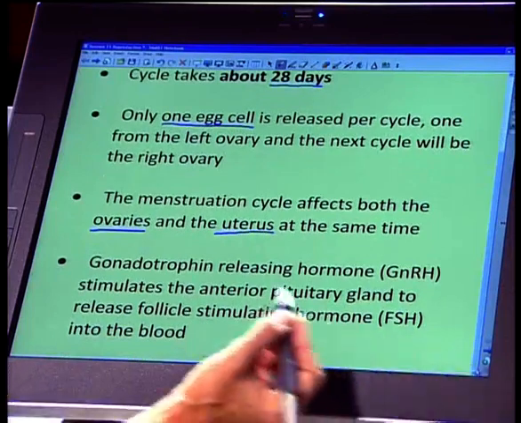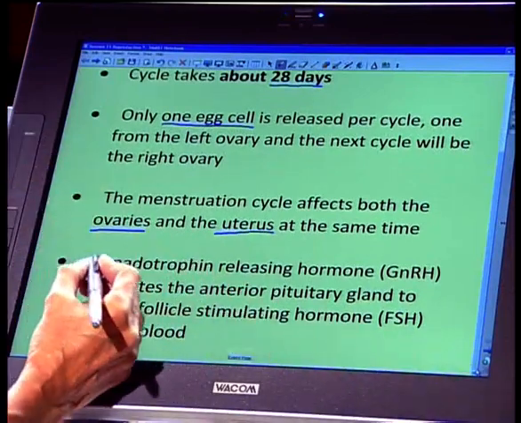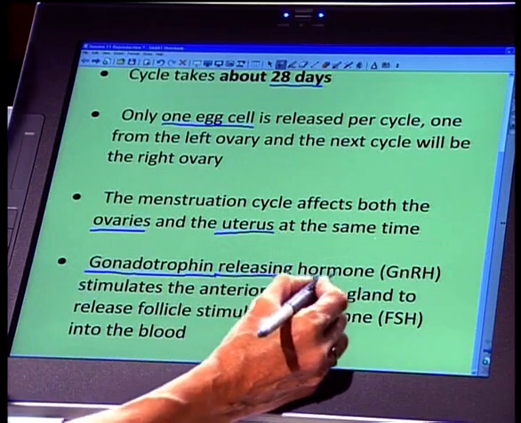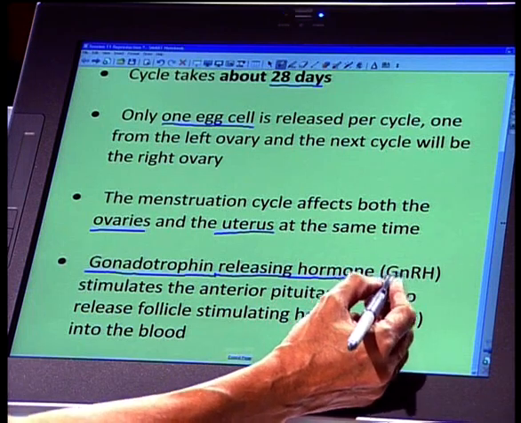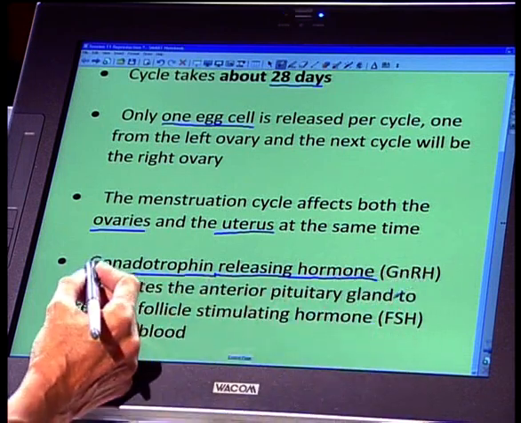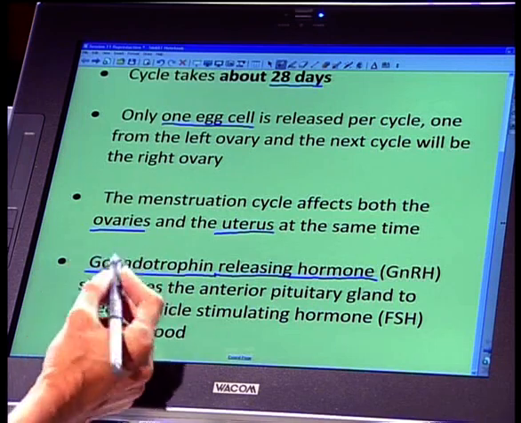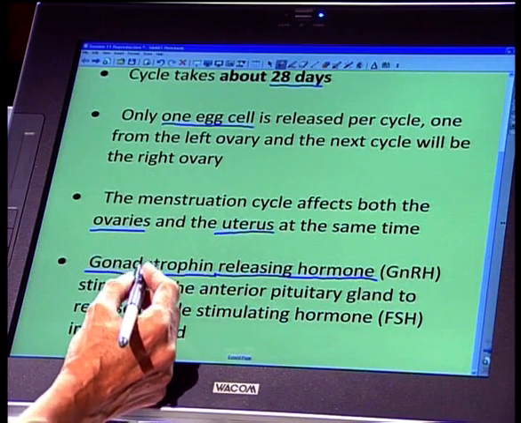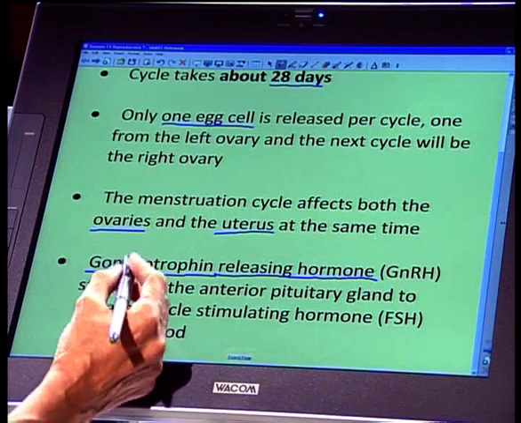Now, there's a hormone, or our hormones, the same as in the males. We have the gonadotrophin releasing hormones, and oh my gosh, it's far easier to just remember GnRH. But remember, your gonads are the sex organs of the body, or the sex cells of the body. It's where all the production will occur.